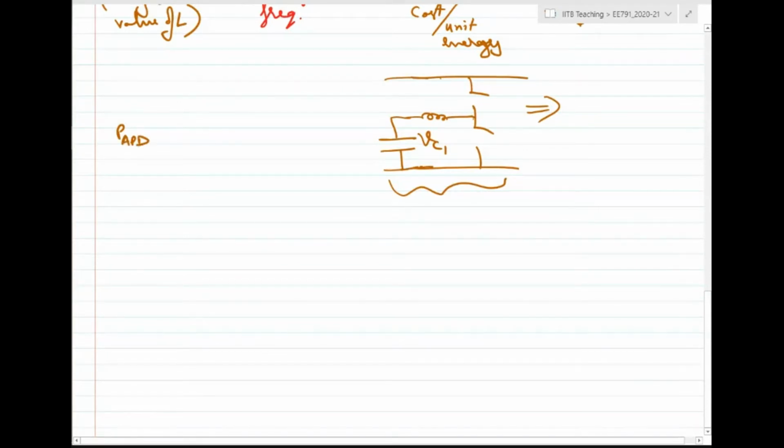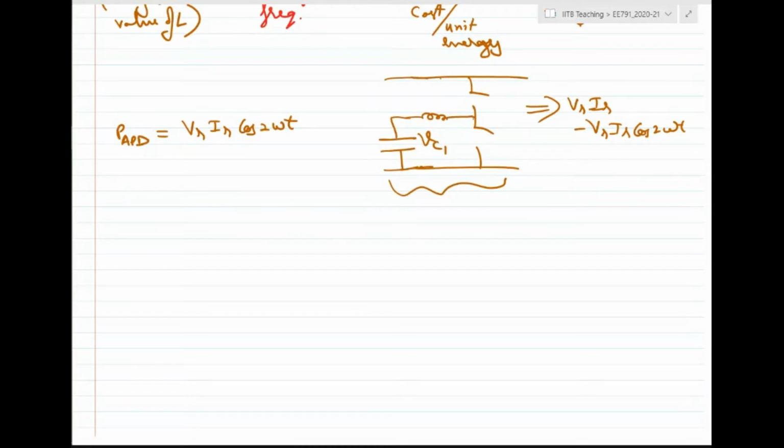So the power the APD circuit will absorb, continuing from our previous discussions, is VR IR cos of 2 omega t, because the power flowing on the right side is given by VR IR minus VR IR cos of 2 omega t. So the power absorbed by the active power decoupling circuit should be equal to VR IR cos 2 omega t. If the active power decoupling circuit absorbs this power, then it would replace the capacitor.